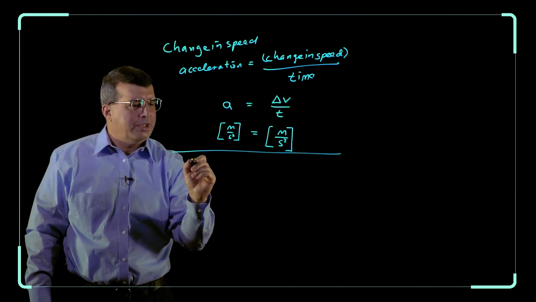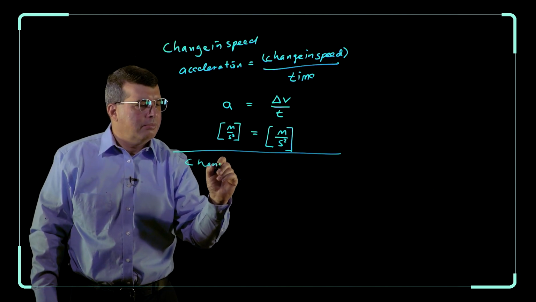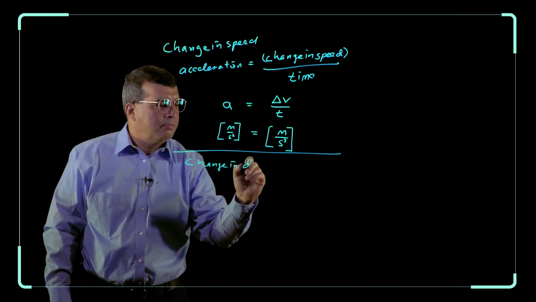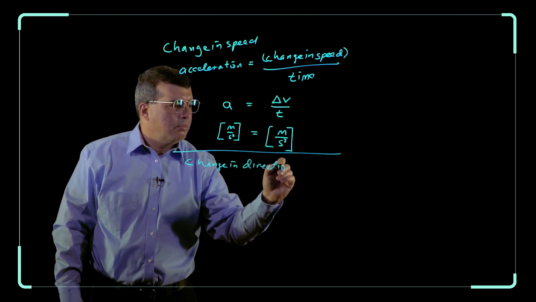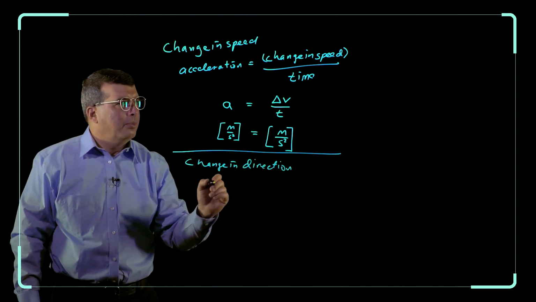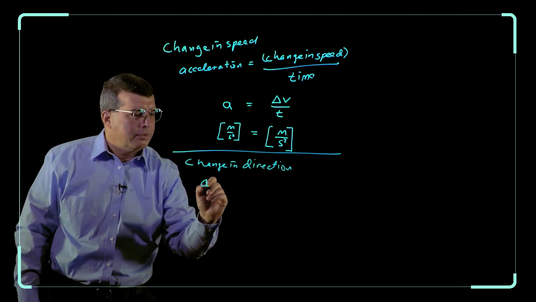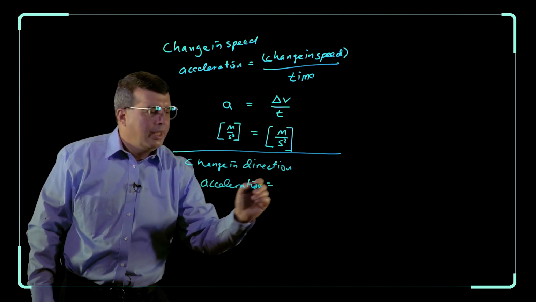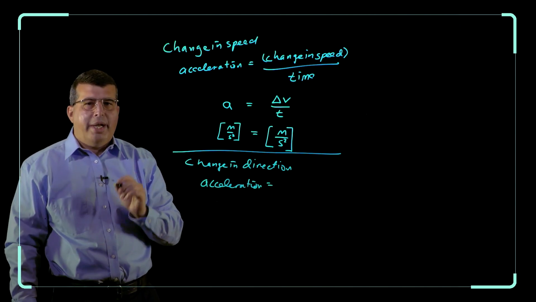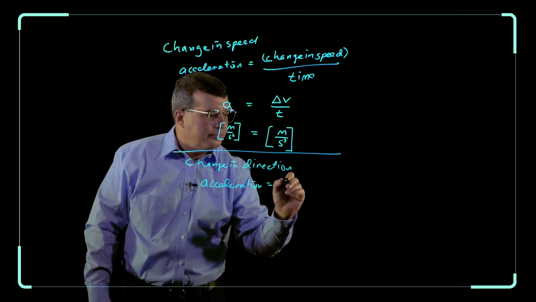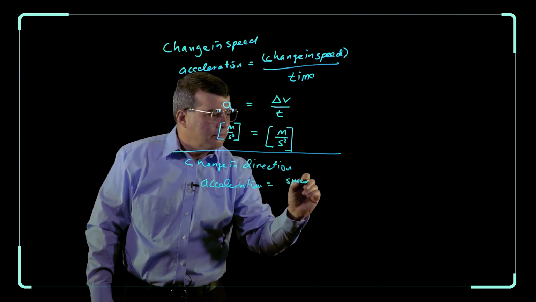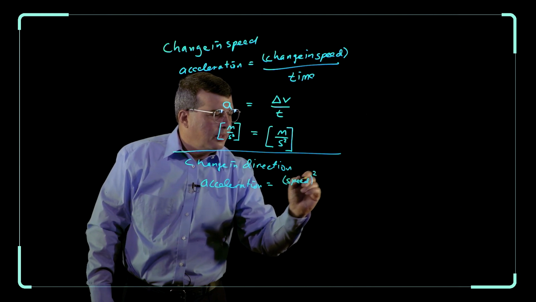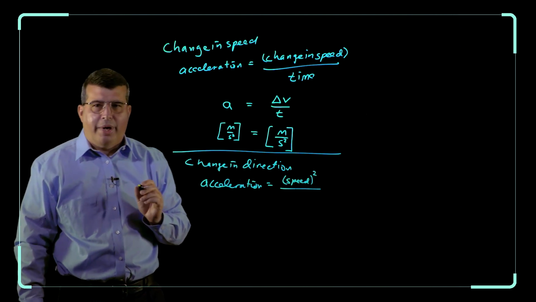So if we have a change in direction, then we would calculate acceleration as the square of the speed divided by the radius of the curve.